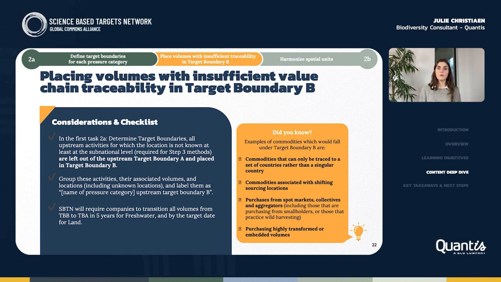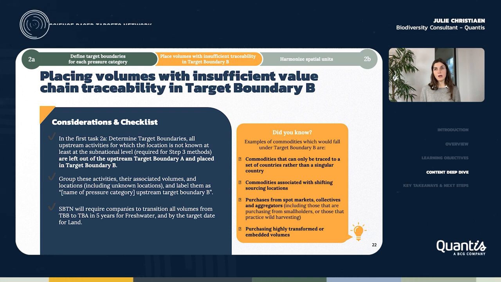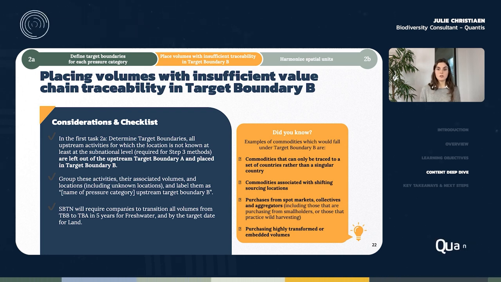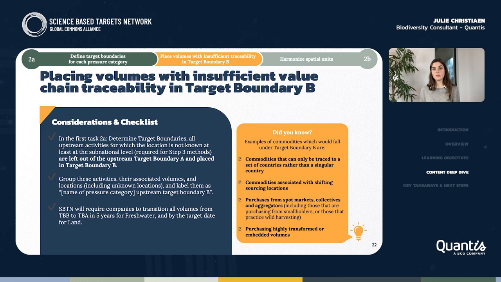Looking ahead, the SBTN recommends companies to increase their traceability of these volumes and will require companies to transition all volumes from target boundary B to target boundary A in 5 years for freshwater and by the target date for land. SBTN is also developing complementary guidance to support companies to increase value chain traceability. So to sum up, our main outputs of this task will be a delineated upstream target boundary B for each of the pressure categories.